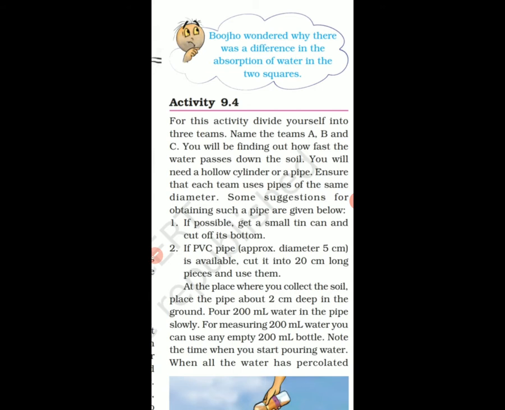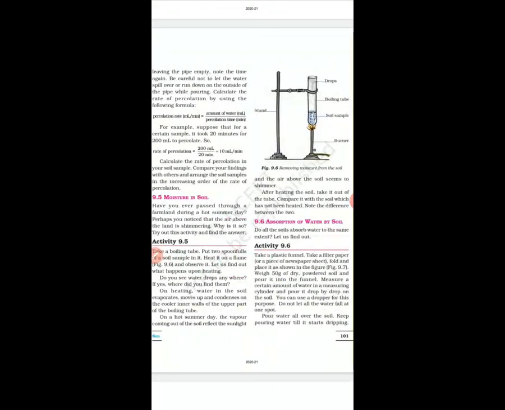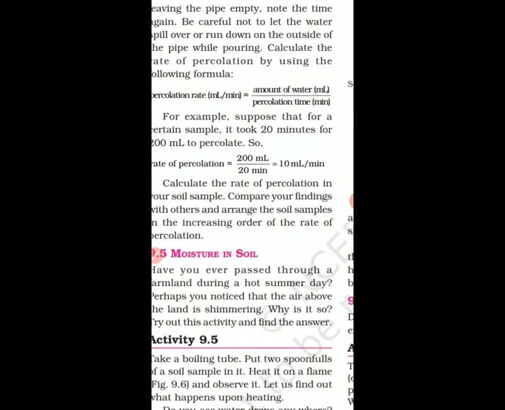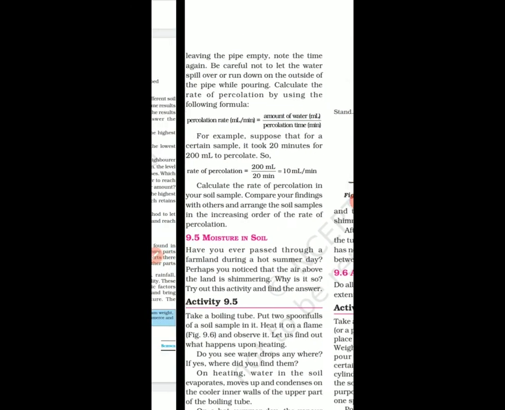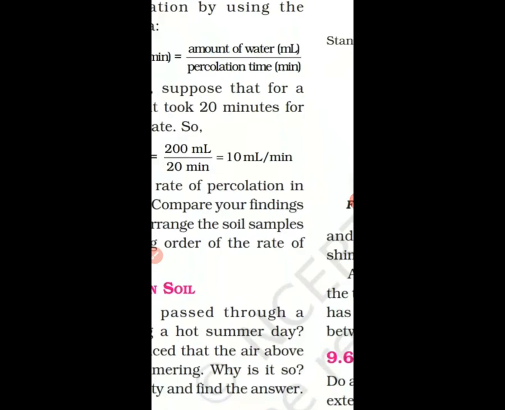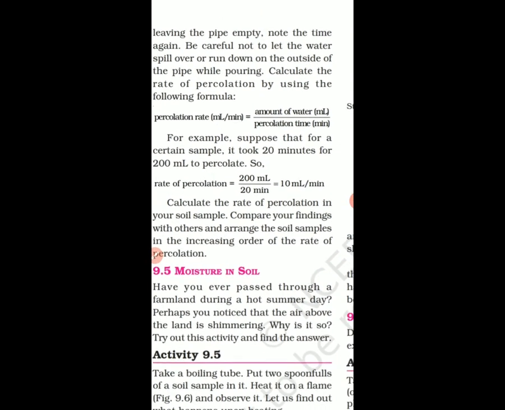Means all the water is absorbed inside the soil. There is no water remaining inside the pipe. The time you started pouring water and the time when there is no water inside the pipe, that time you have to note down.